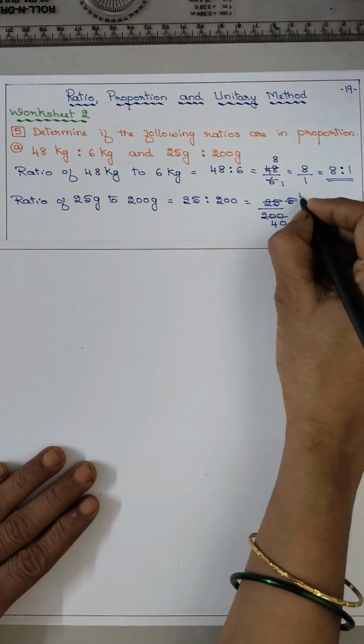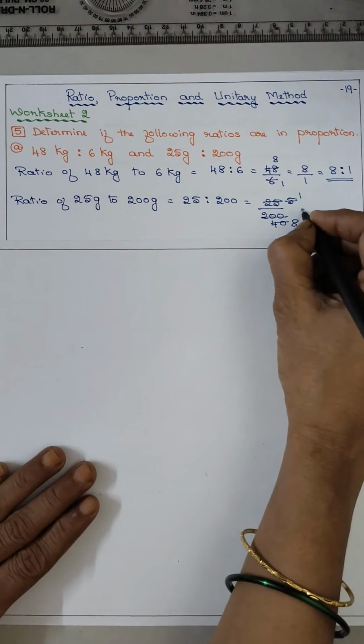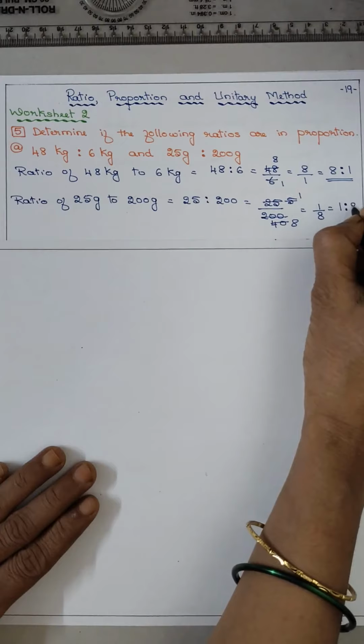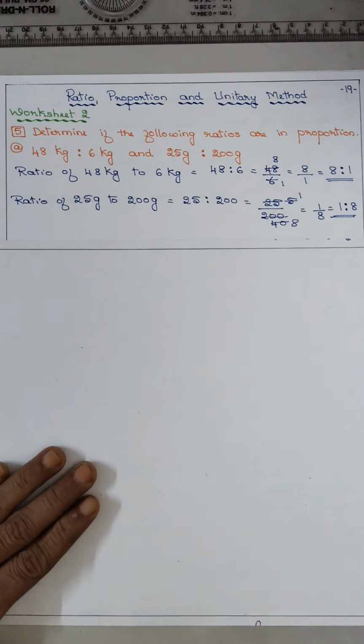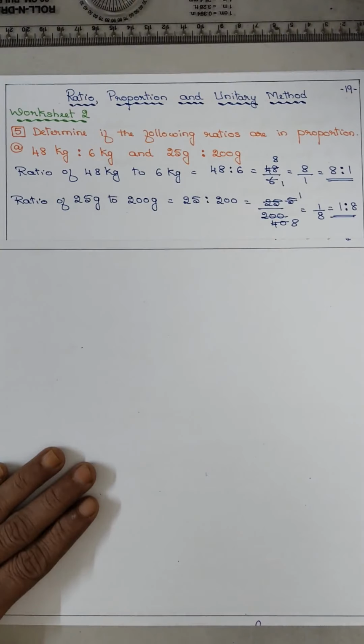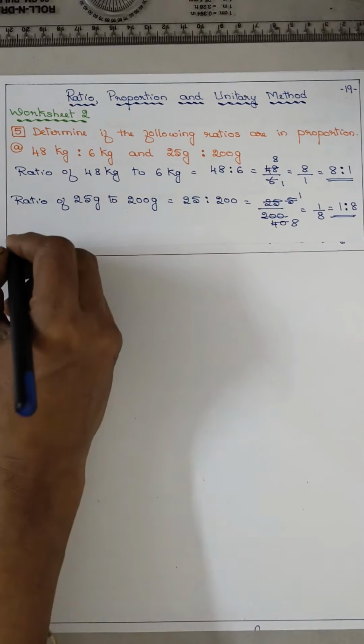So 5 ones are 5, 5 eights are 40. You get 1 by 8, that is 1 is to 8. Are they equal? First is 8 is to 1, second is 1 is to 8. They are not same.